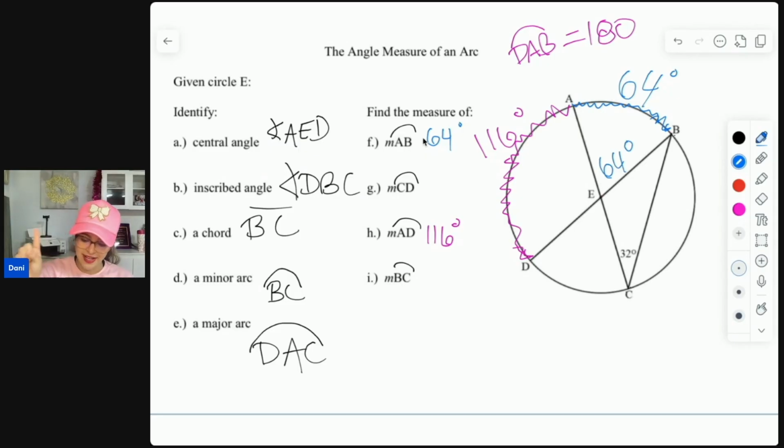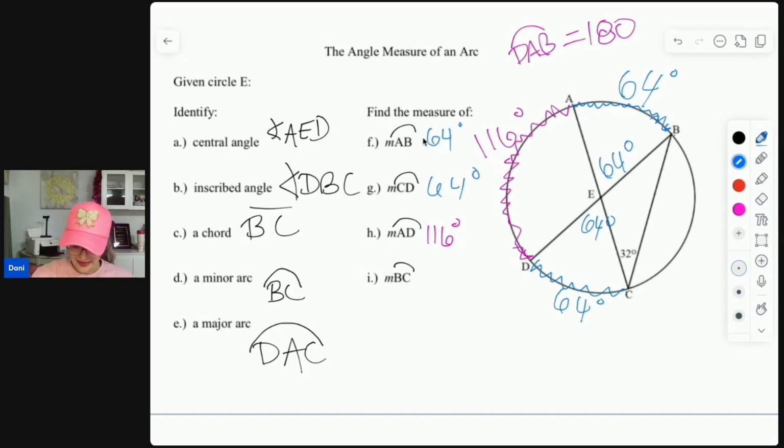And then angle DEC must also be 64 degrees because they are vertical angles. Remember that from a previous unit? Yeah, it's coming back. So with vertical angles, arc DC, or arc CD as we asked for it, is also 64 degrees because the central angle is equal to its arc.